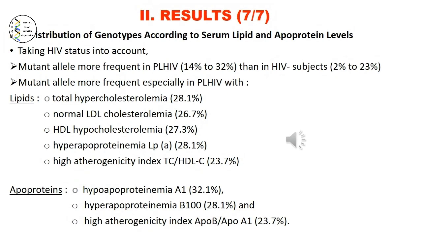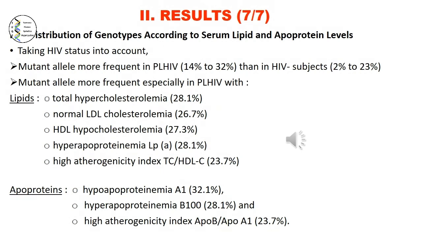Concerning the lipid concentration, the mutant allele was more frequent, especially in persons living with HIV presenting total hypercholesterolemia 28.1%, normal LDL cholesterolemia 26.7%, HDL hypocholesterolemia 27.3%, hyperapoproteinemia Lp(a) 28.1%, and high heterogeneity index as total cholesterolemia divided by HDL cholesterolemia 23.7%.